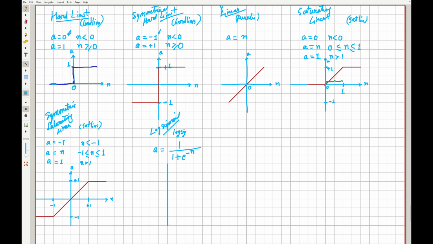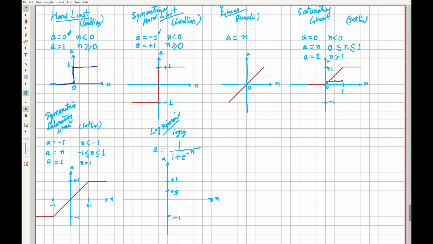And the output of this transfer function is as follows. We first draw the y-axis, then the x-axis, and that's our n, this is our a, and let's say this is plus 1, and we have the minus 1. The values for the log-sig stay above 0, and let's say this is 0.5.